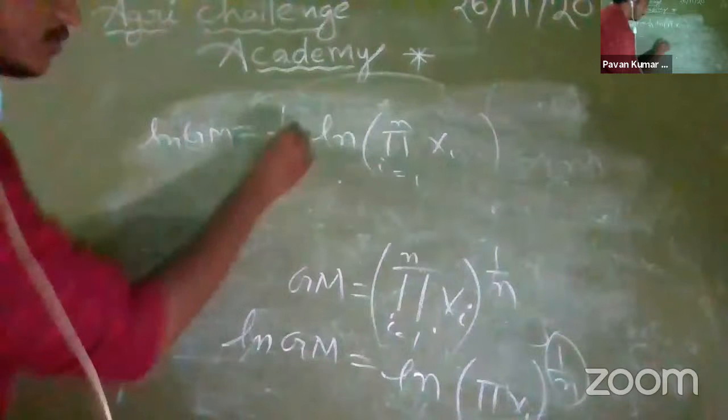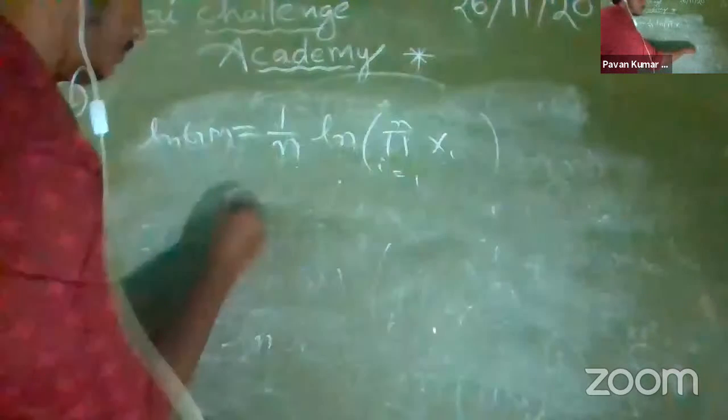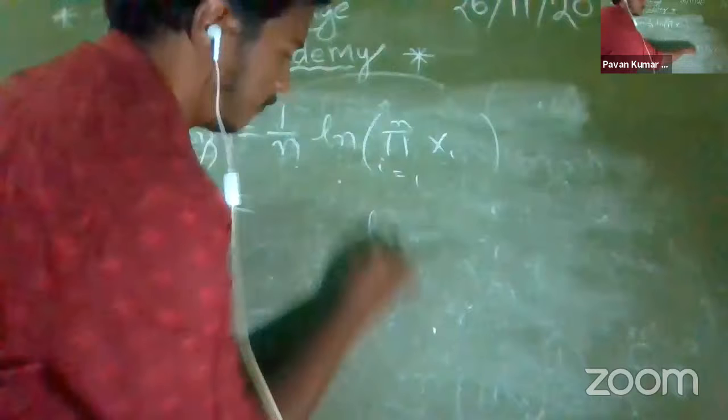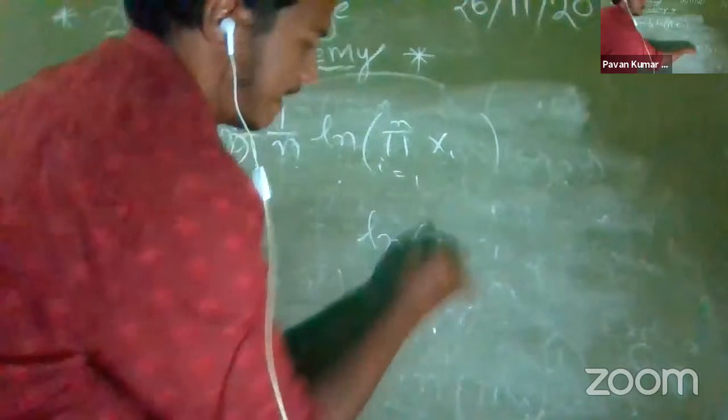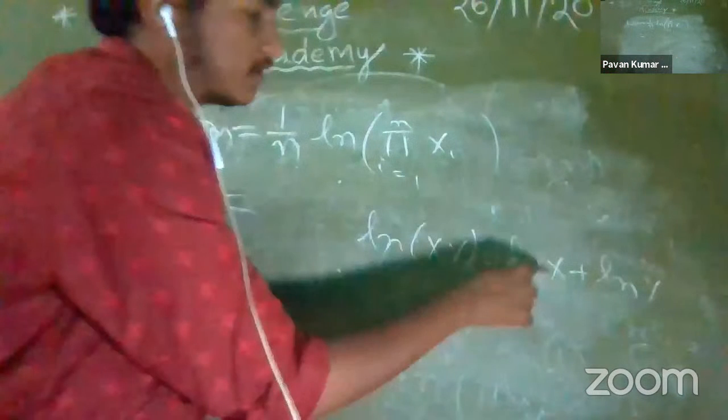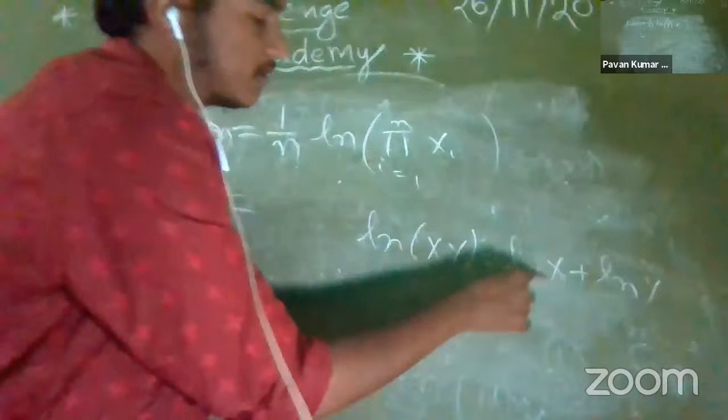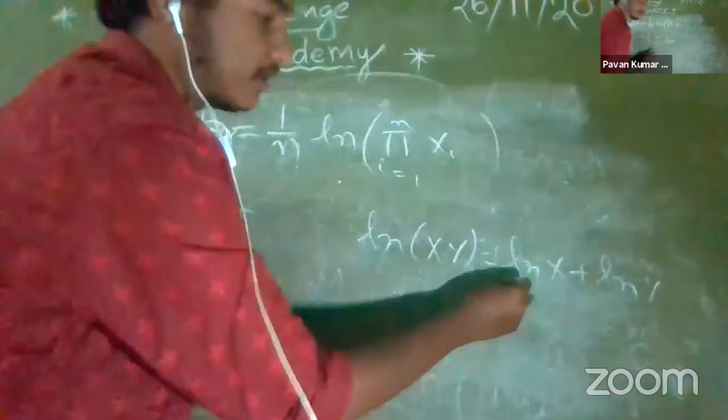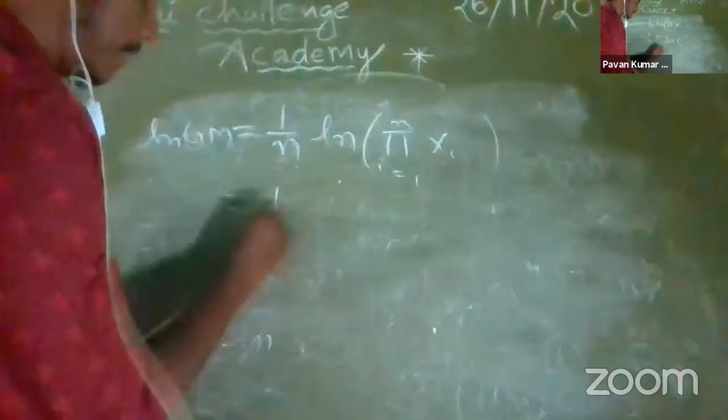Ln of a product equals the sum of logarithms of those observations. We are going to apply the same rule here. So 1 by n times the summation of ln xi, i equals 1 to small n, is ln geometric mean.